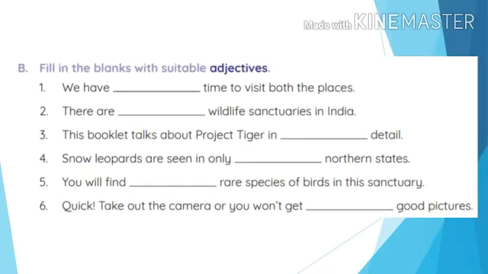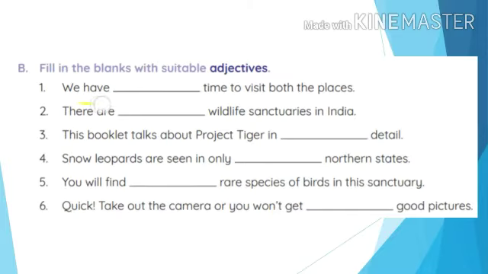Then here, what you need to do is fill these blanks with a suitable adjective. You will be able to do it because you have already done this before. The first one is: we have dash time to visit both the places. You can use the most suitable one or more appropriate ones as you wish.